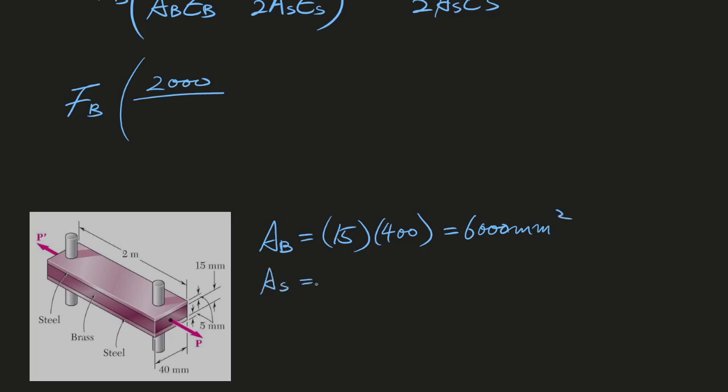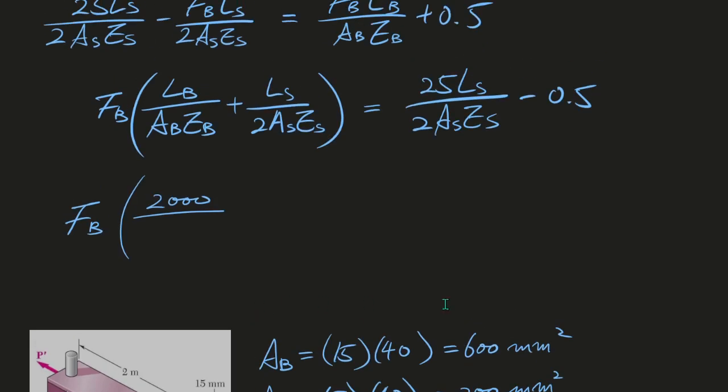A of steel, now this is the area of each piece of steel. That would be 5 times 40, which is 200, exactly 1/3 of brass's area.